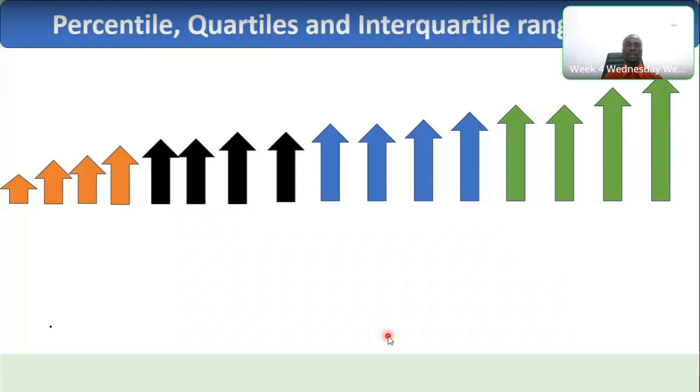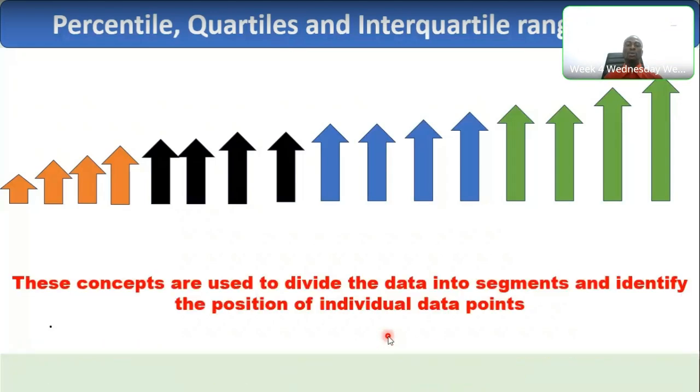So these three concepts are used to measure how we can divide our data into segments and identify the position of individual data points in that data set. Now, some people also call these terms the measure of position, but the majority of the textbooks still categorize them as measures of dispersion.